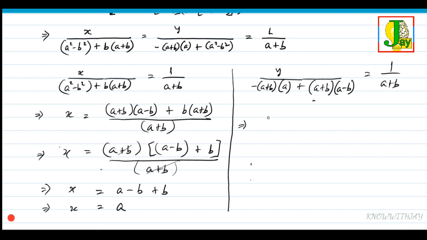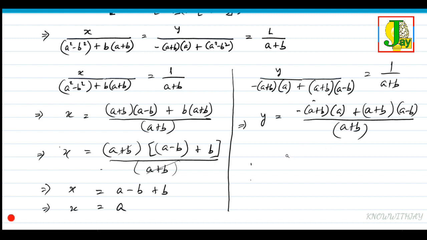So y equals to, this whole thing goes to the numerator. Minus of a plus b into a plus a plus b into a minus b upon a plus b. So again taking a plus b common.